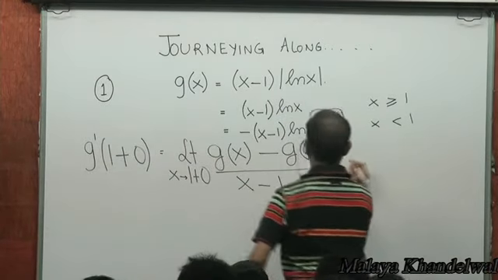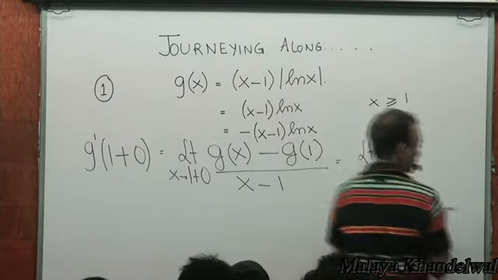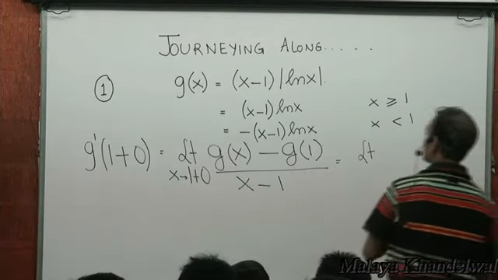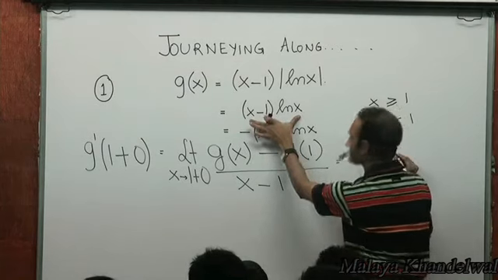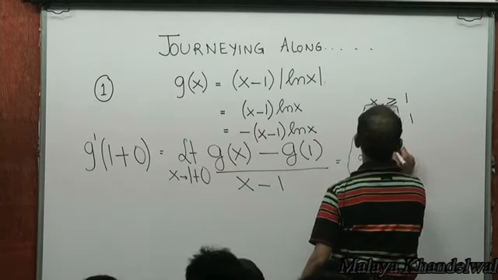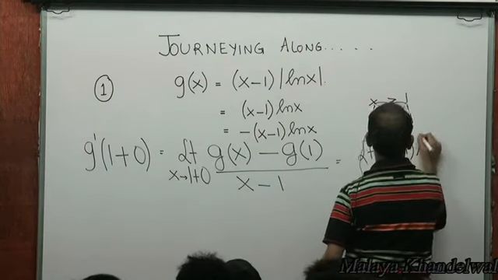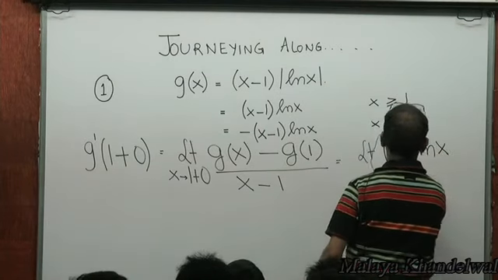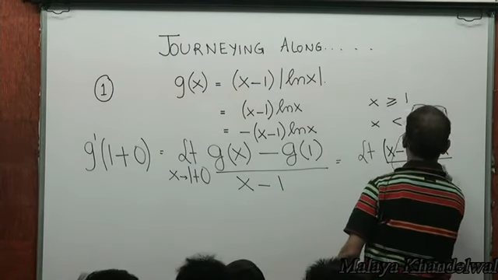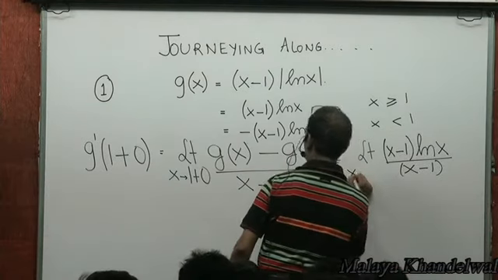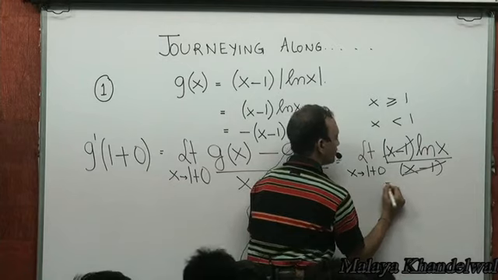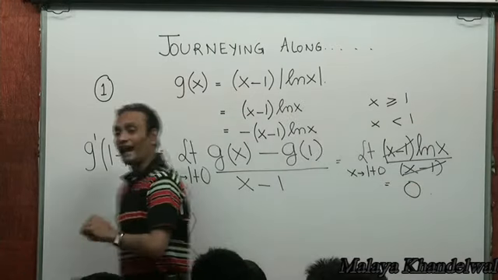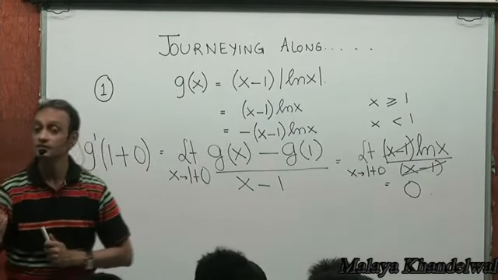So this is like limit g(x). When x is slightly greater than 1, this describes g(x). So limit (x minus 1) ln x by (x minus 1) as x tends to 1 from the greater than 1 side, and you can readily see it's going to be ln 1, which is going to be 0. So the right hand derivative at x equal to 1 is 0.